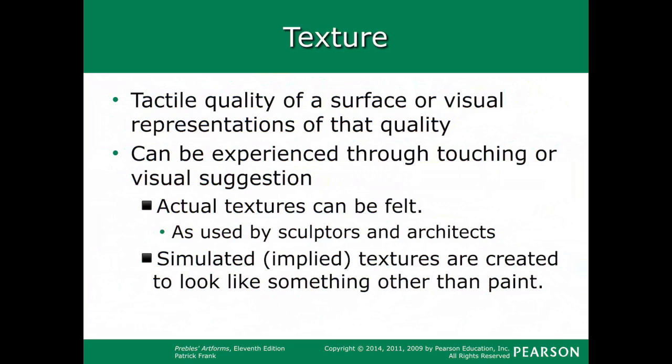There are examples of simulated or implied textures that are created to look like something other than paint. So if you are familiar with the way paint already looks, for the most part, many artists experiment with their brush. They probably paint with less pigment, or they put the pigment on a very dry brush, and they create different textures.